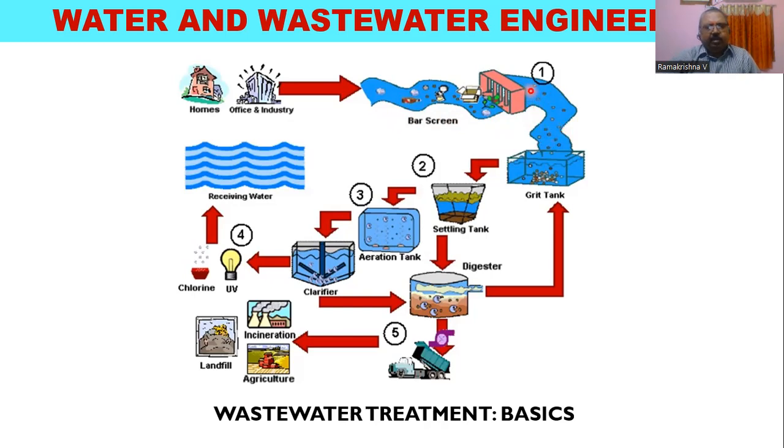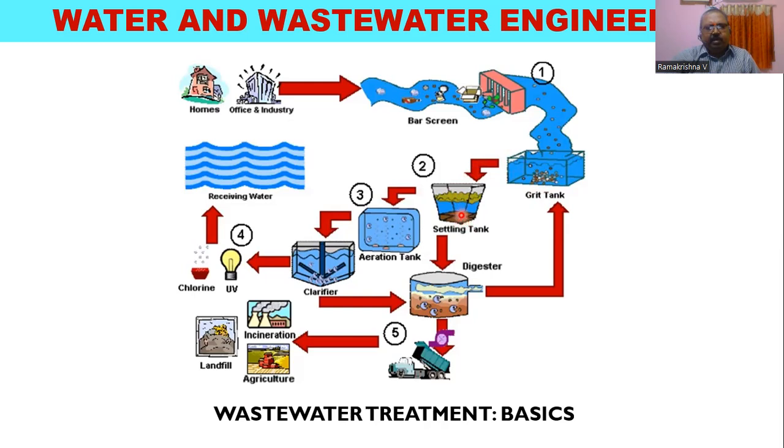The wastewater coming out through the screens will be sent into another chamber called a grit chamber, where heavy inorganic and some organic solids also settle down due to gravity. Afterwards, some small size solids will be settling down in the primary sedimentation tank.